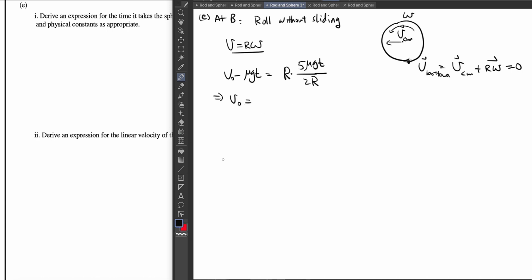First I'm going to cancel out this r here. Okay, so we have 5 halves plus 1. So that's 7 mu gt over 2, right? Now from there, I can calculate t, which is 2 v naught over 7 mu g. So that's the instant when the sphere rolls without slipping. That's the instant we're looking for.